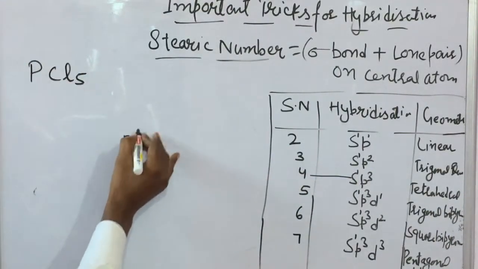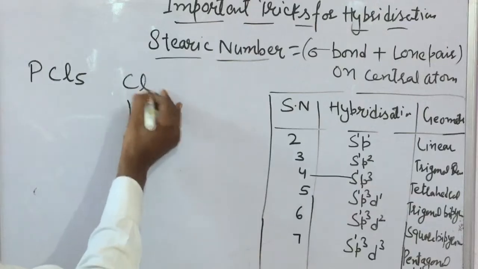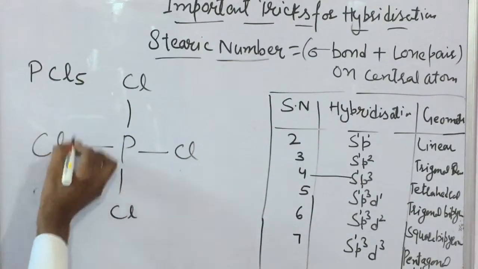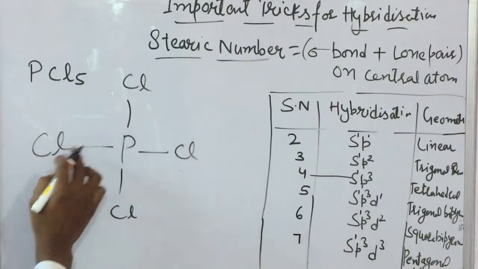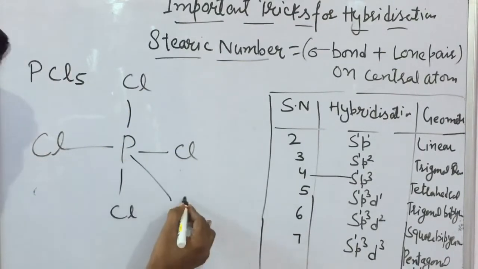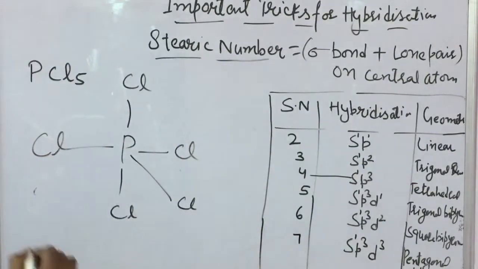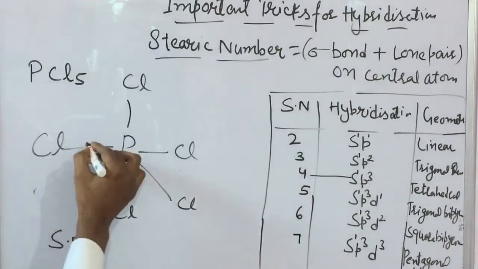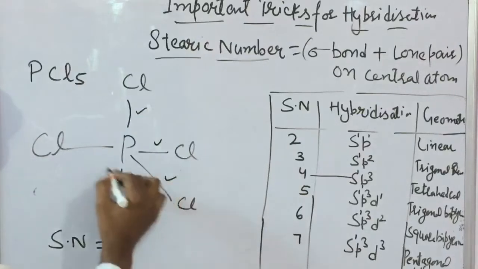Here PCl5, we can write it like this: Cl, 1, 2, 3, 4 and 1 Cl. Here again the sigma bonds come to 1, 2, 3, 4 and 5.